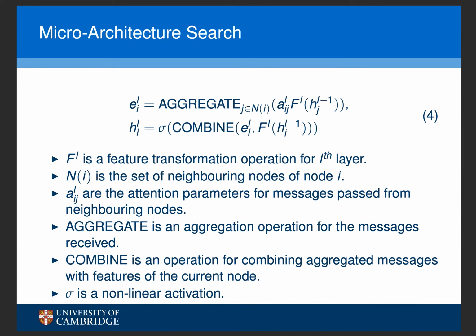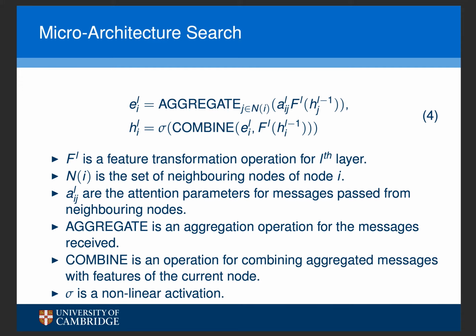In the microarchitecture search space, if we break it down, for the Lth layer we have a feature transformation operation. This is basically a linear layer or a hidden layer, whatever you call it in machine learning. We also gather information from the neighboring nodes of a graph, and we use attention parameters to re-weight those messages passed from the neighboring nodes.